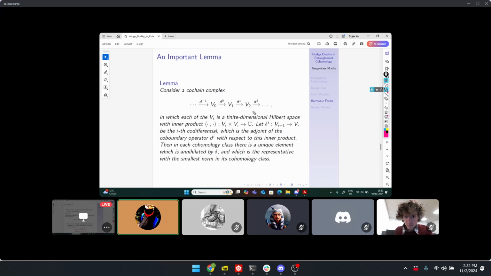If we have a cochain complex where each of these V's are finite dimensional Hilbert spaces, which for us is definitely true because we're working with n-partite spaces, and where each of these has an inner product structure, which we've defined on omega k, and we're given a co-differential, which takes us from k forms to k minus 1 forms, which is adjoint to this differential, then in each cohomology class there is a unique element which is annihilated by delta.